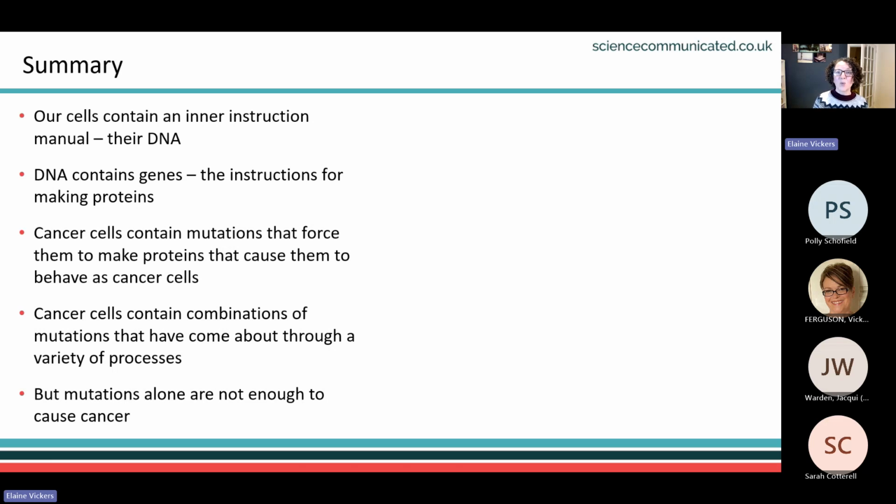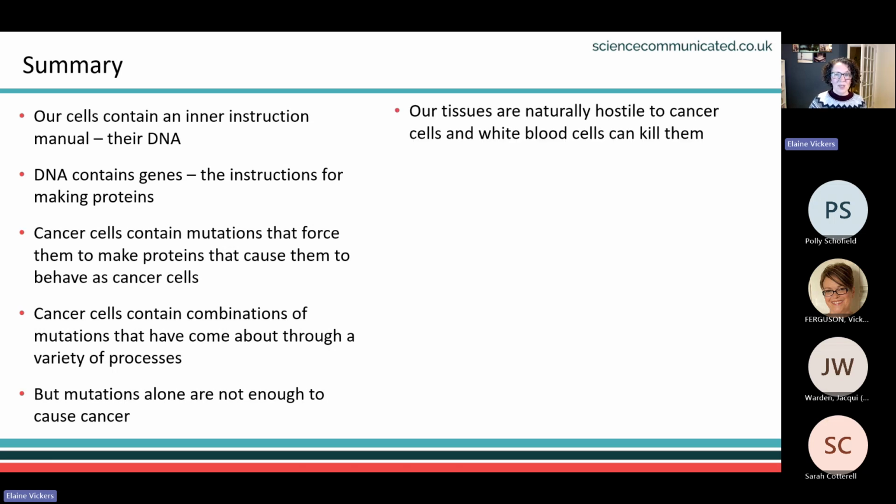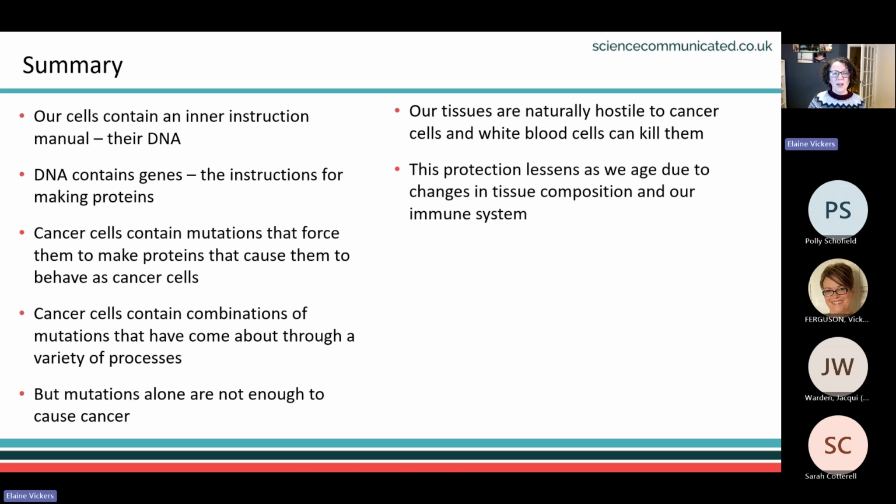When a cell has accumulated damage to the point it's become a cancer cell, and for some reason that cancer cell has not been detected and destroyed by the immune system. And this tends to happen as we get older. Mutations accumulate, and our immune system becomes less vigilant.